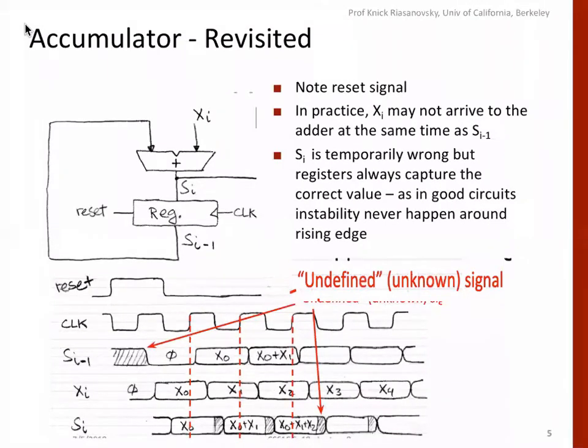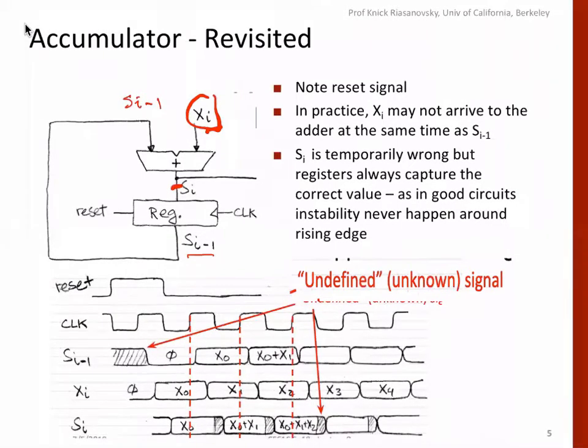In the next slide, you can see there is an adder here, or we can say a kind of ALU, anything you can consider. There is input Xi and input Si minus 1. The output will be available when both inputs are available.